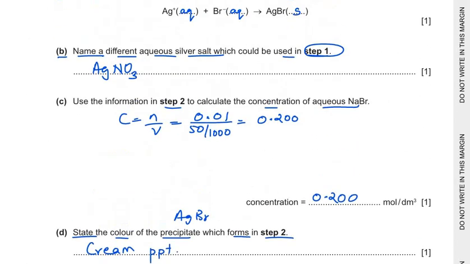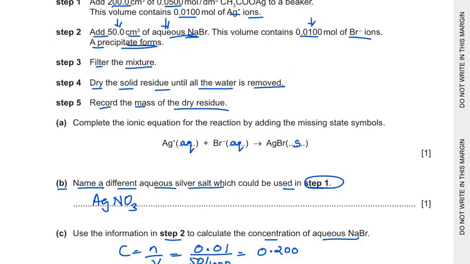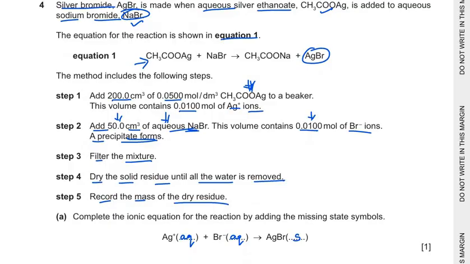Step 1 and step 2 show that we are using sodium bromide of a particular volume and concentration, and 200 cm³ of silver ions are also used, which contains 0.01 moles of silver ions.